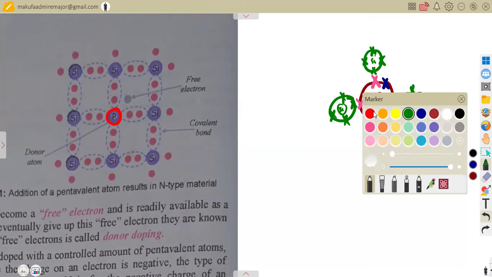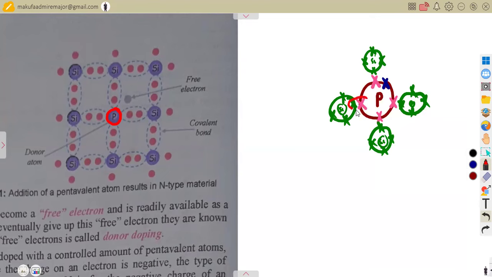By bonding these, you're going to see that these two are taken, these two are taken, these two are taken, these two are taken. There is a negative, this negative. Guys, remember, these are valence electrons. This electron here, where is it going to pair?